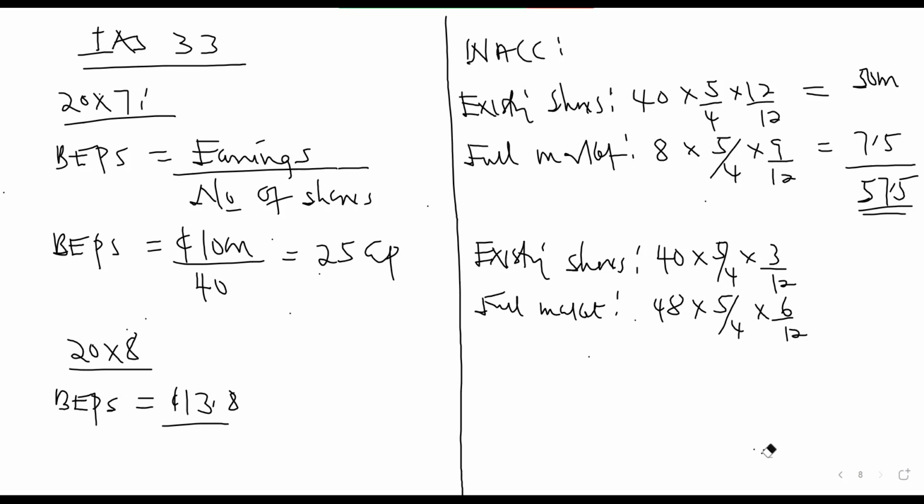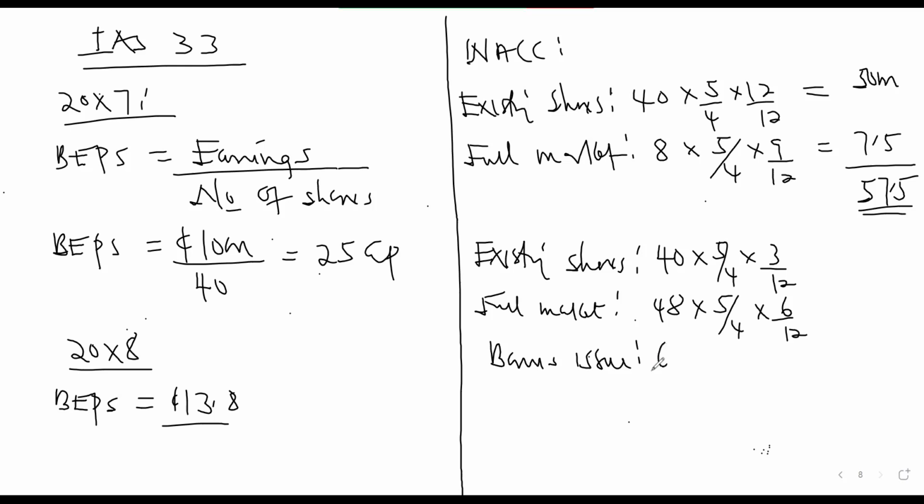And the person will say after the bonus issue, the new shares will now be, you apply the bonus fraction. The new shares after the bonus issue will now be 48, so 48 times 5/4. I'm having 60 million. So the bonus issue will be on the 48 now.